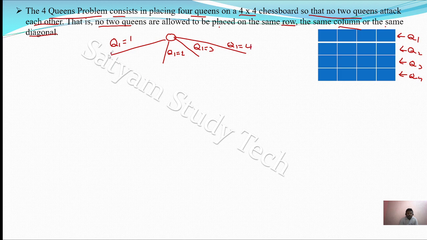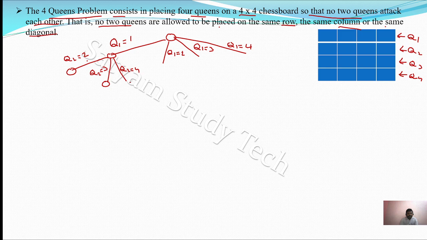Now with q1 in the first column, we can expand. Backtracking follows DFS, so we expand this one. Here q1 is in the first column and q2 is in the second column. Now we can expand this: q2 in the second column, q2 may be in the third column, q2 may be in the fourth column.